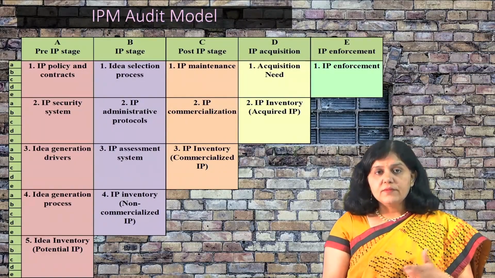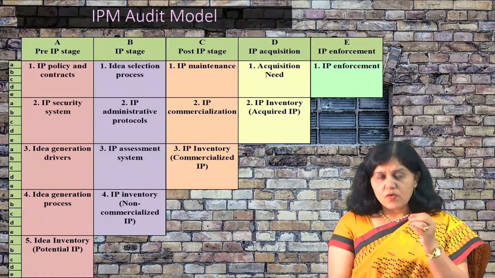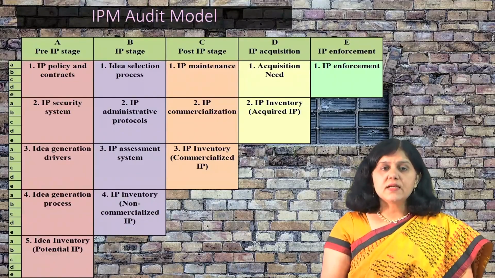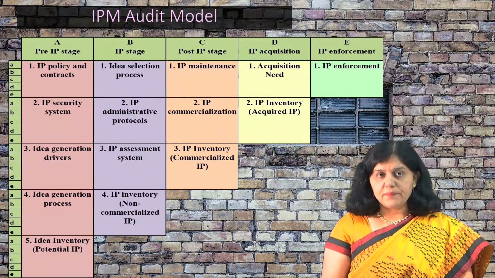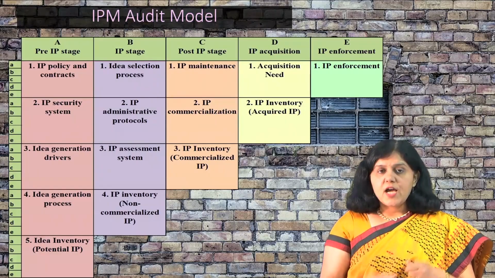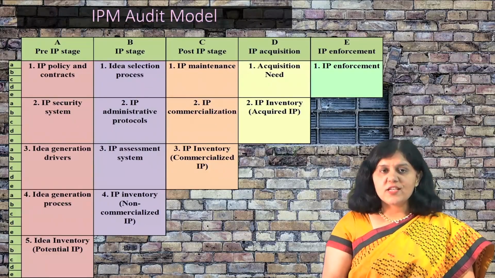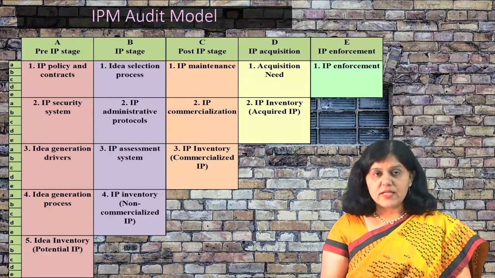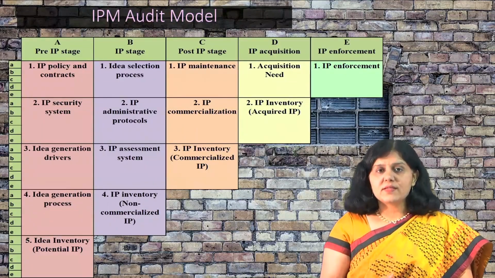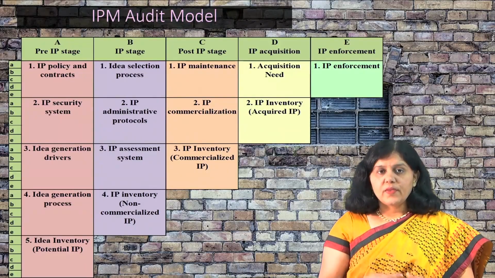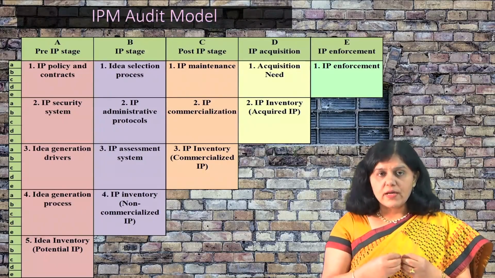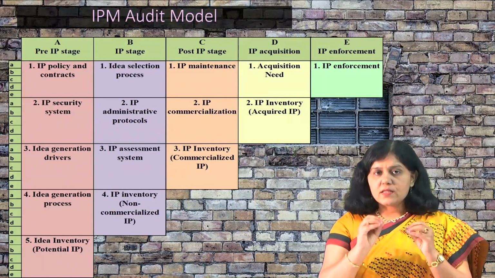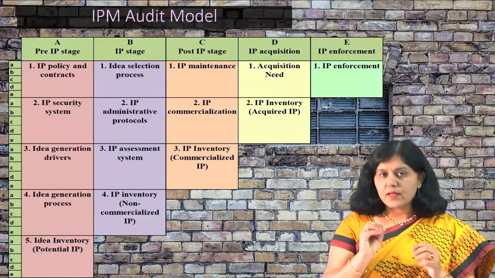Now, we will see what these five important processes are. The first is IP policy and contracts. It is expected that any organization, academic institute, or research organization has an IP policy, and then obviously the contracts related to IP. We will not go into much detail, but I am just giving you the idea of which points are important.